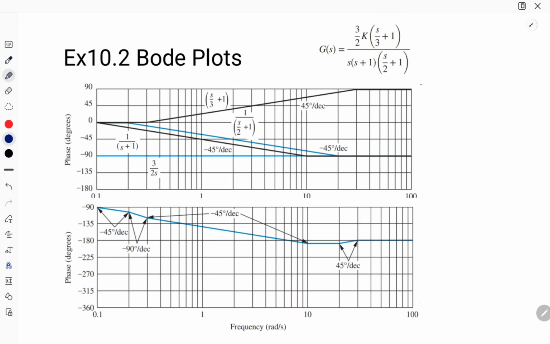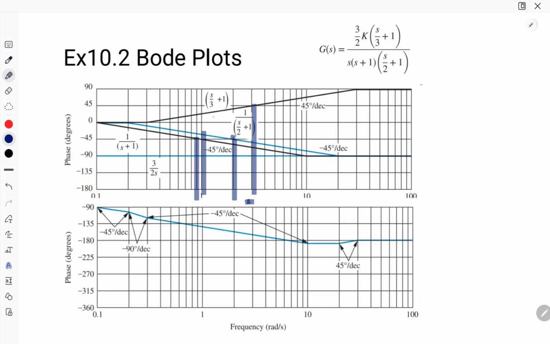When you do finally combine, you had 1 over this one, and then you have another one here, and you have another one here. That was a 3, and this one was a 2, and so on.